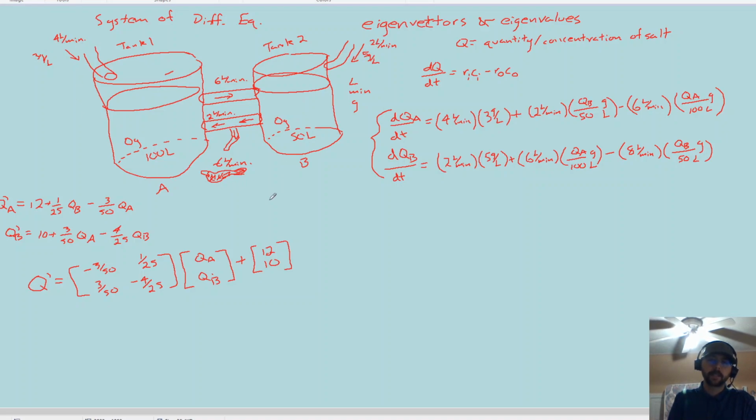So let me do the exact same thing, but pretend that we had 0 flowing in. If we had 0 liters per minute flowing in the top, then the equation would be the same except without the 12 and the 10. That's where those came from. If the equation had looked like this, then I can show how to solve that. I don't know what to do with the 12 and the 10 exactly.